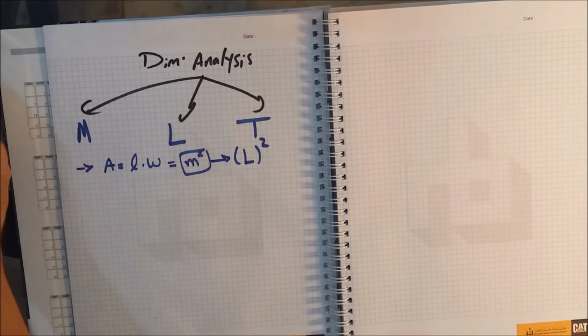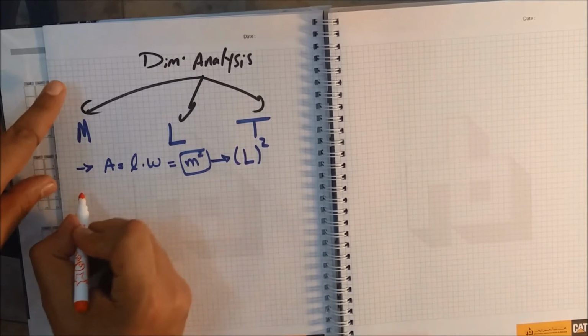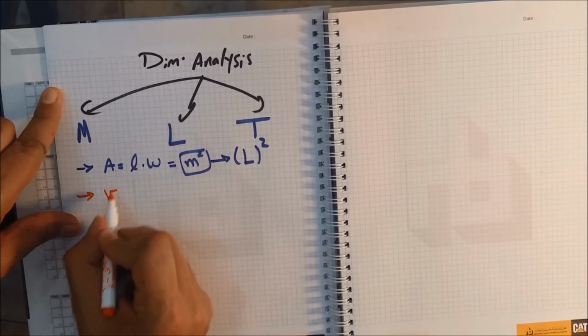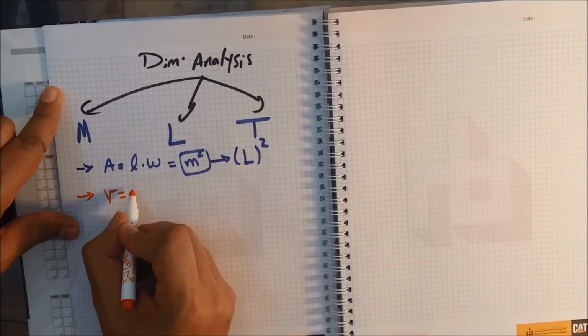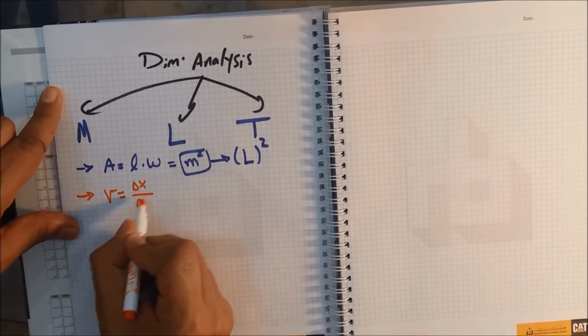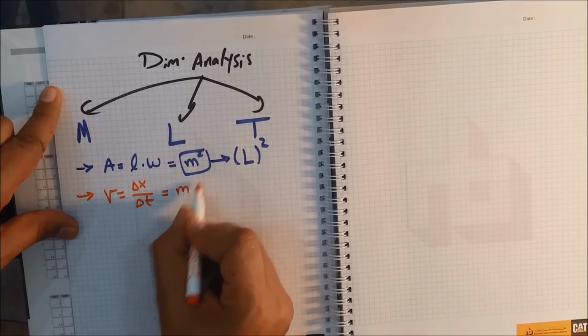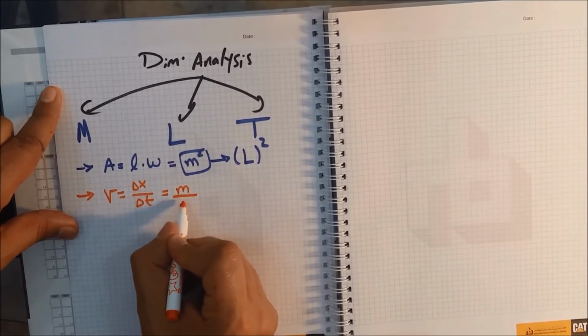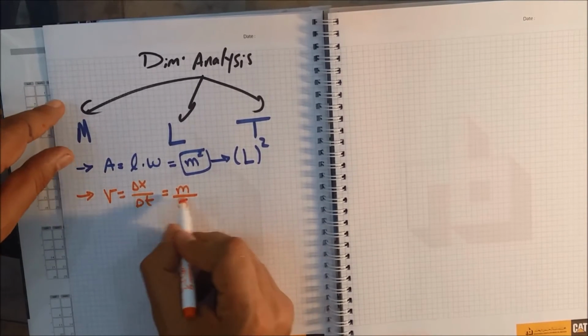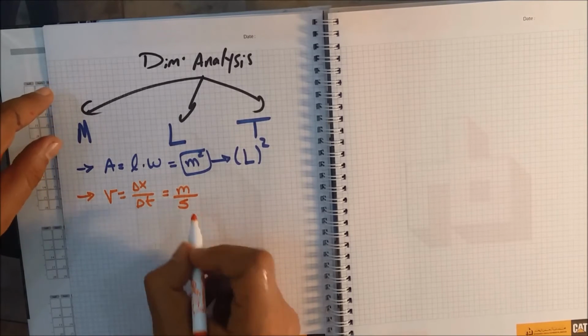Let's have another problem. Let's say that we have velocity. Velocity, for example, is equal to displacement over time. Find the unit, which is meters per second. Make it a division by seconds, because this way you're going to ease the problem for yourself.